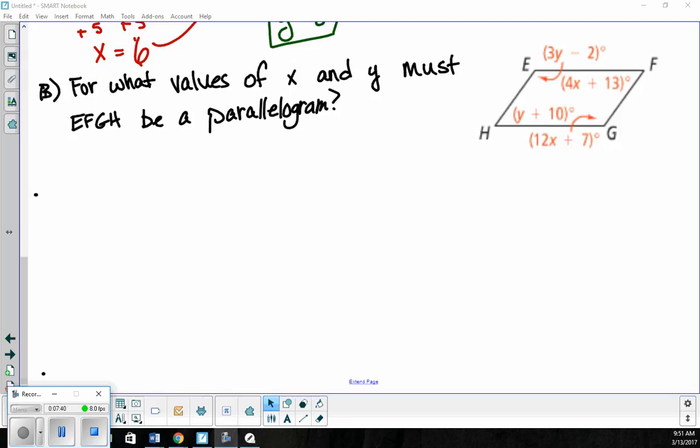So 3y minus 2 would have to equal 12x plus 7. And 4x plus 13 has to equal y plus 10.